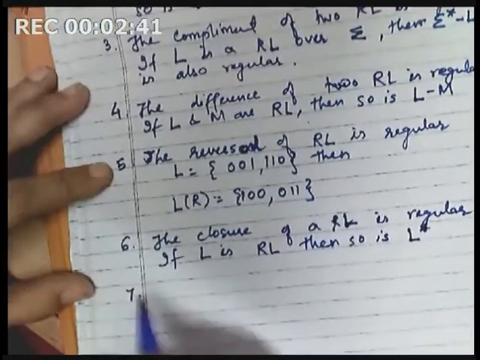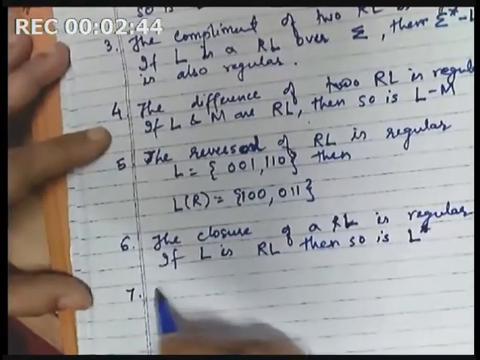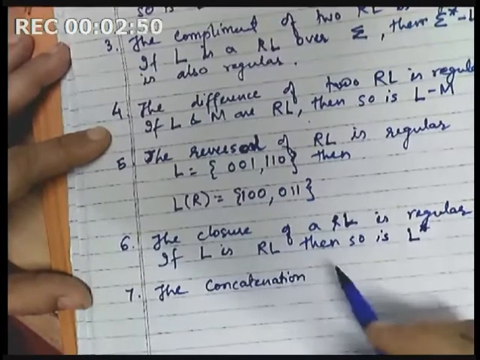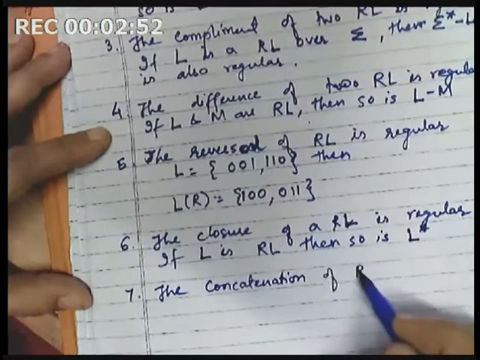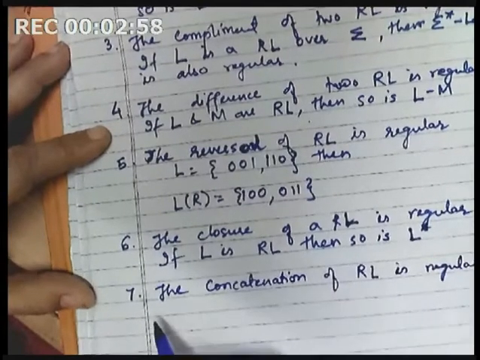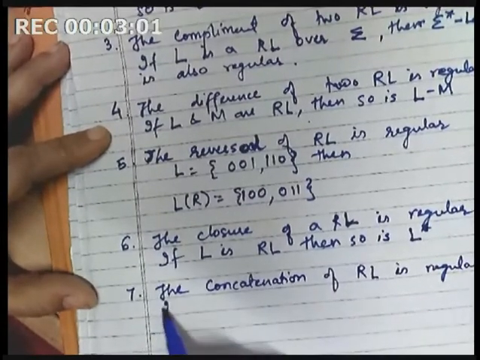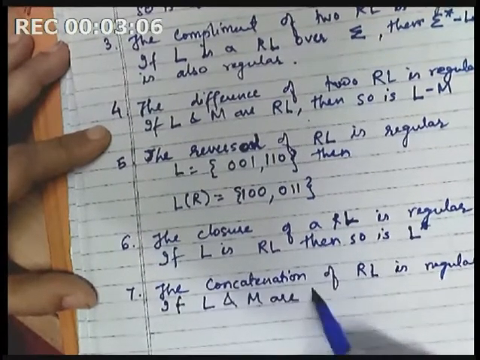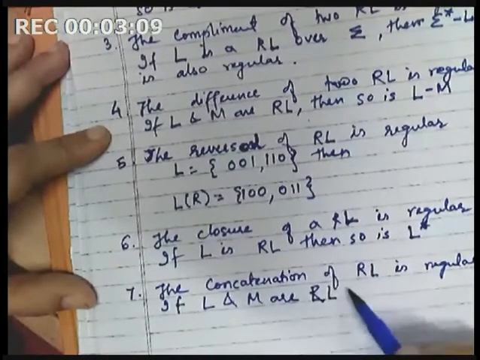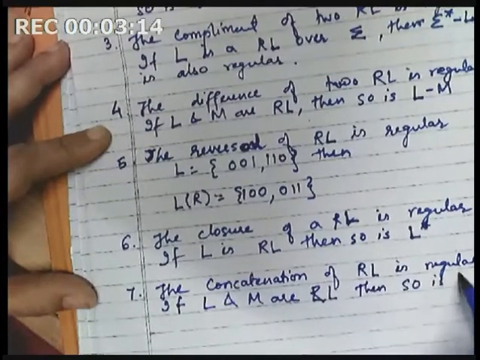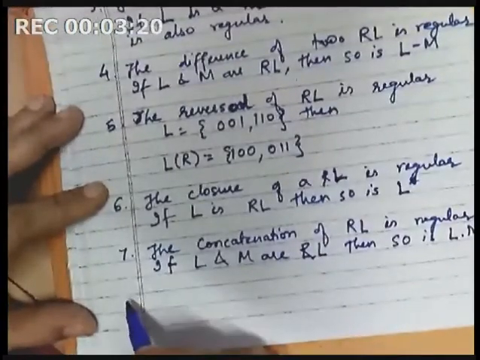Next is the concatenation, which we have already seen during the definition of RL, is regular. So if L and M are RL, then so is L dot M.